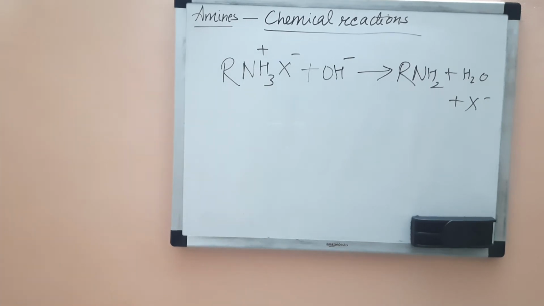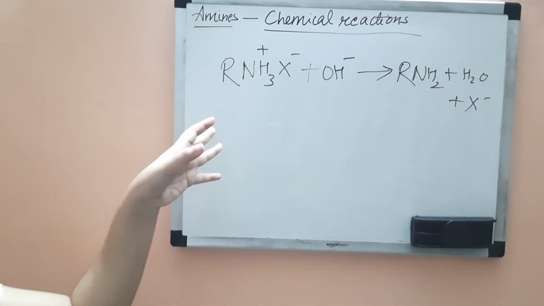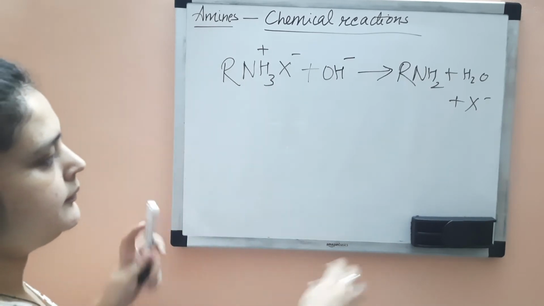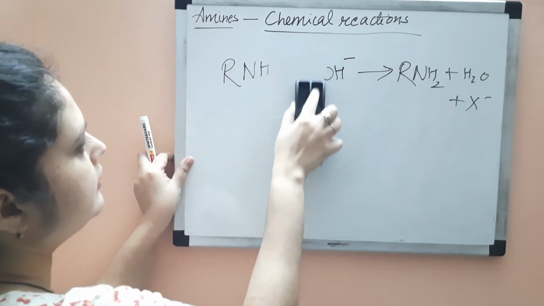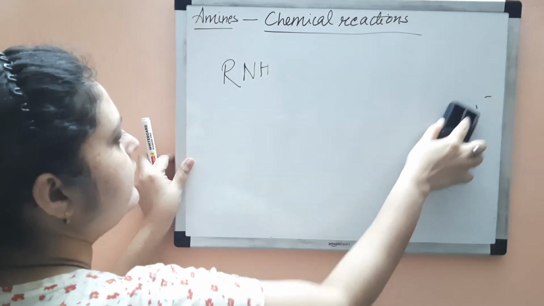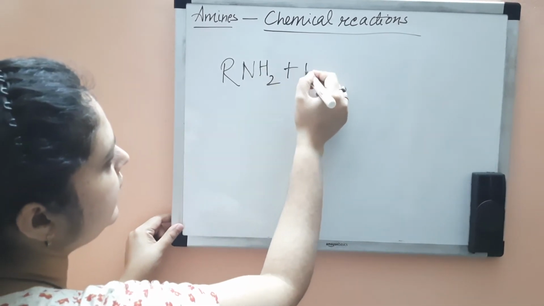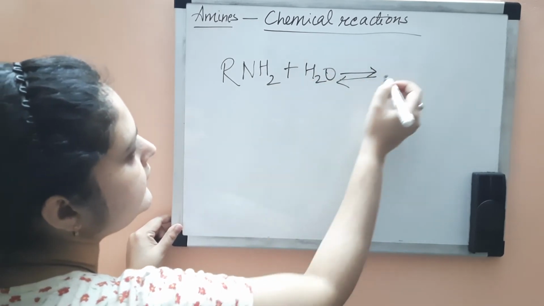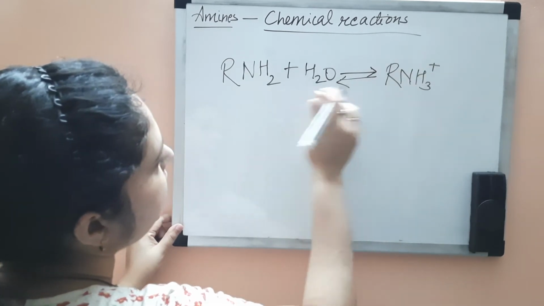Now we will see the concept of Kb and pKb. For that you will add amine to water and you will get RNH3+ and OH-.